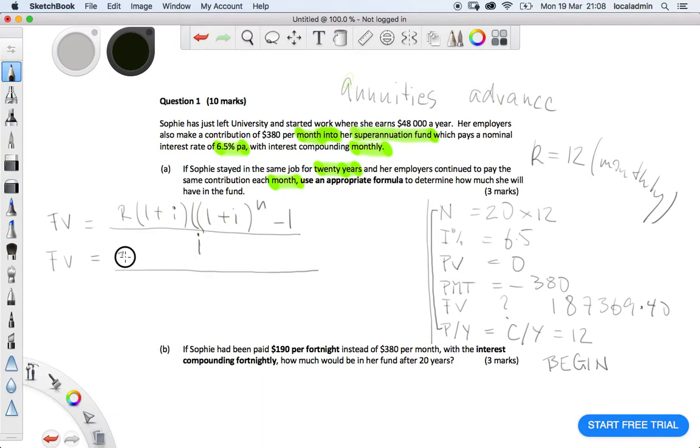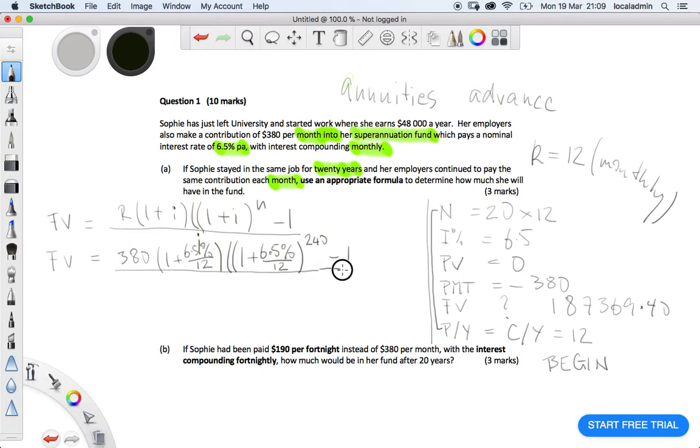So the regular payment is $380. Then 1 plus the interest rate per period, so it's divided by 12, and the same here. 6.5%, as it says in there. We divide that by 12 because we only want to know what it is per month and not for the whole year. And 20 times 12 is 240, to the power of 240.